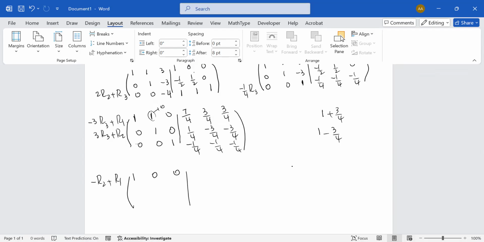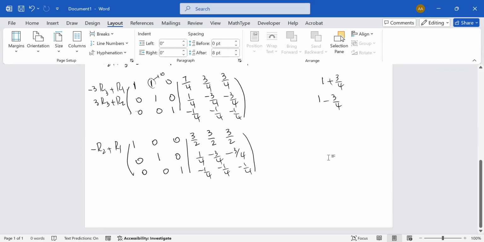So 7/4 minus 1/4 is 6/4, which is 3/2. 3/4 minus negative 3/4 is 6/4, which is 3/2. And the 3/4s are the same, 3/2. So 0, 1, 0, 1/4, negative 3/4, negative 3/4, 0, 0, 1, negative 1/4, negative 1/4, negative 1/4.